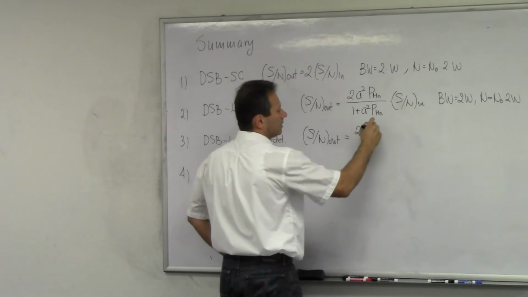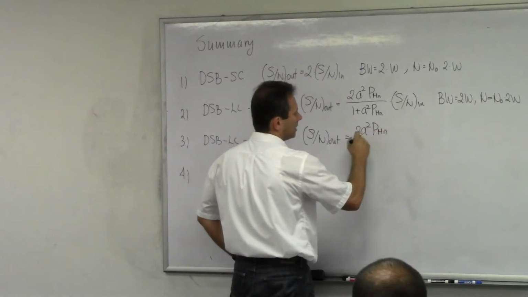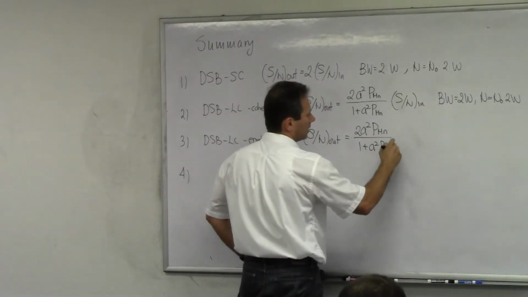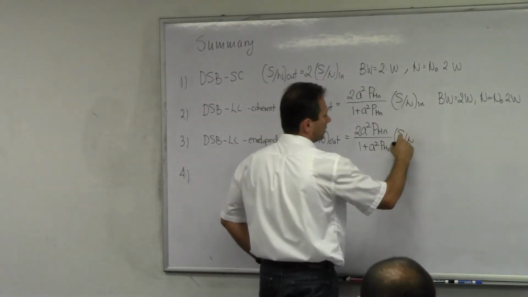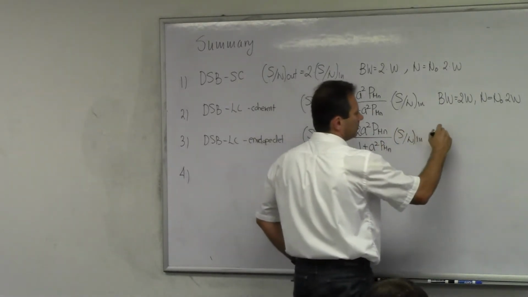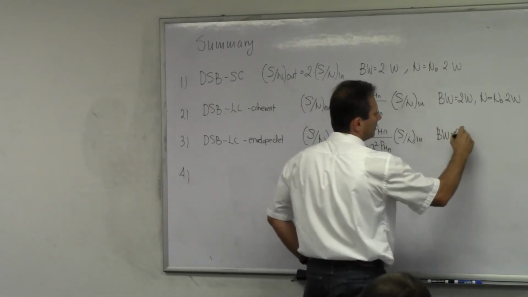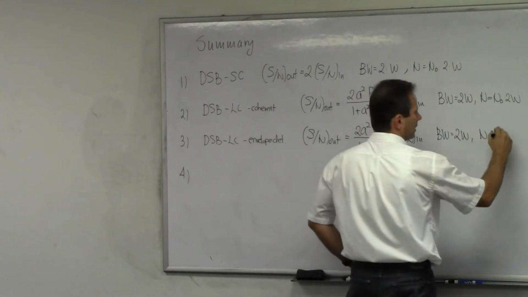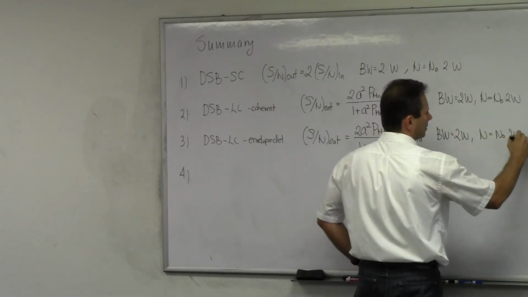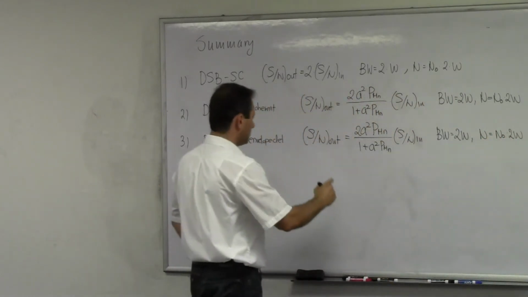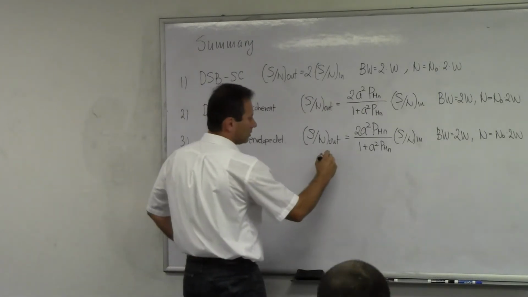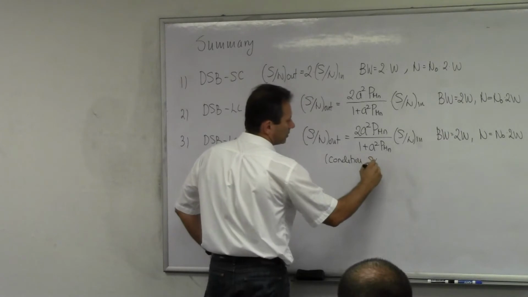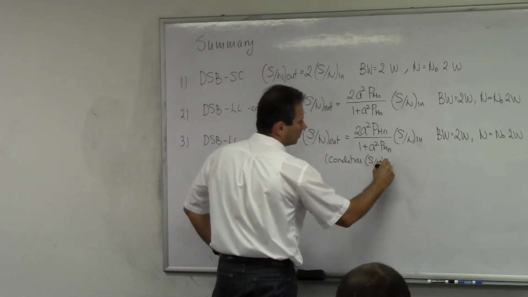It's 2a squared power of the message signal normalized, over 1 plus a squared power of the message signal normalized, times the signal to noise ratio at the input, with the same bandwidth of 2W, and power of the noise at the input is N0 times 2W. But this relationship held under the condition that the signal to noise ratio at the input was large.